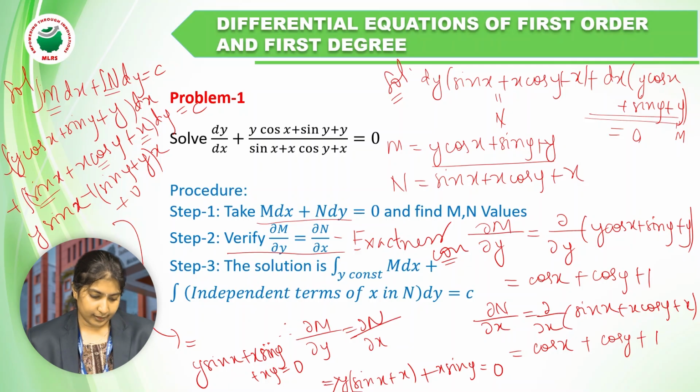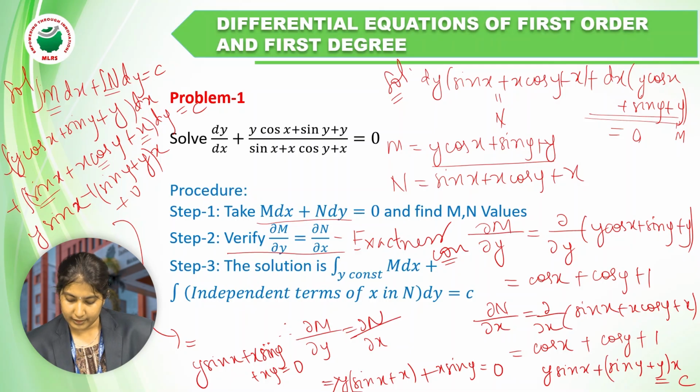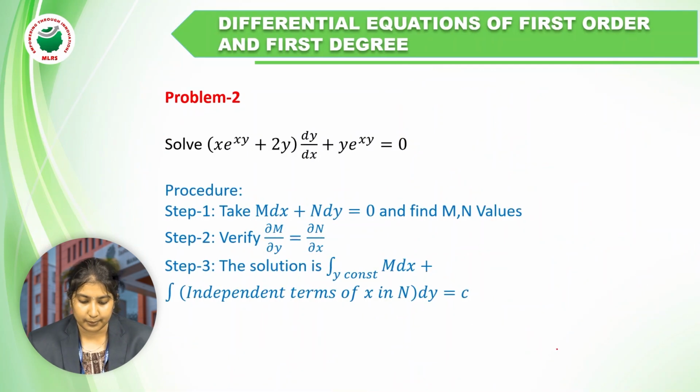You are getting y sin x plus sin y plus y into x equal to c. It's not 0, it's c. So this is the final solution. Therefore the given question forms an exact differential equation, it satisfies the exactness condition, and you are getting the solution. Let's proceed with the next problem.